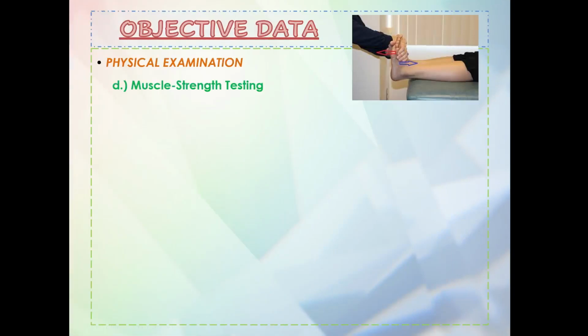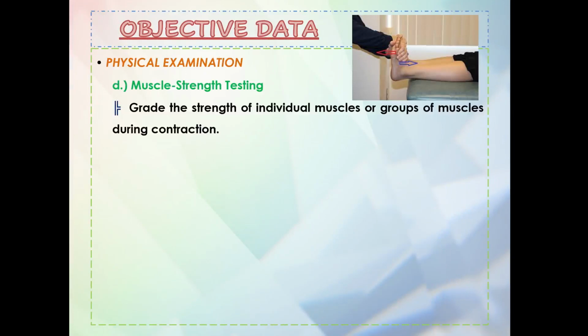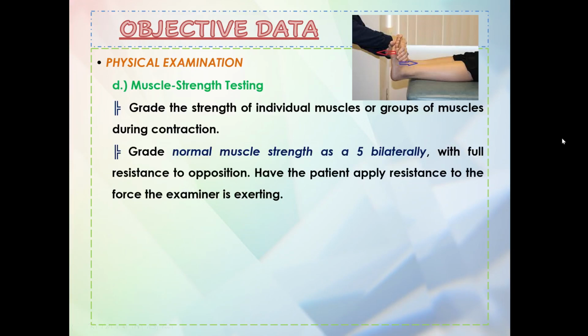And then muscle strength testing. So in this case, grade the strength of individual muscles or groups of muscles during contraction. So ayan, parang nire-resist ni patient yung force na ini-exert mo. Okay? Using his strength. So, grade normal muscle strength as a 5 bilaterally.